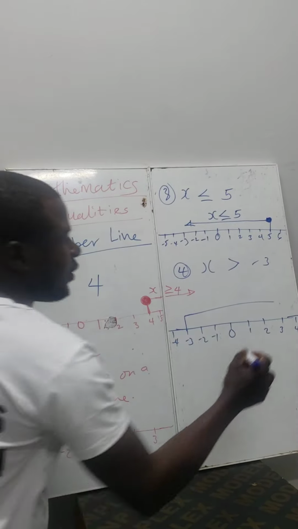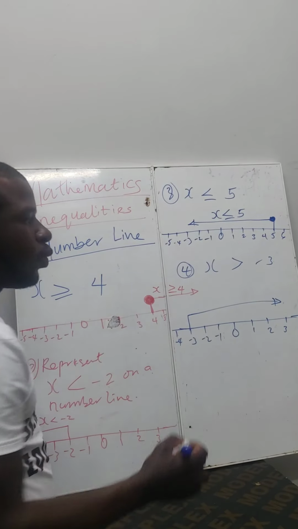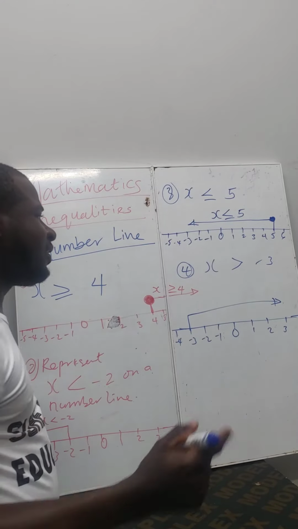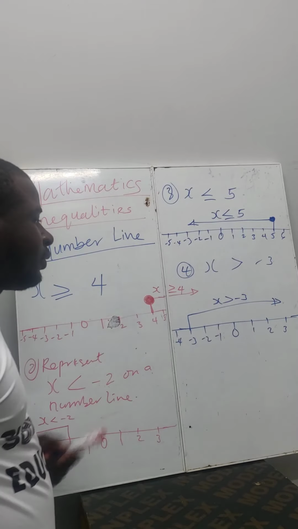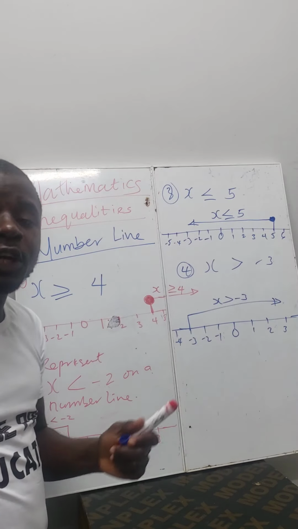You understand? Then don't forget to put your arrow. Are we shading or not shading? We are not shading because it is just greater than. X greater than minus 3. If it were less than, we point to this direction. Greater than, we point to that direction.